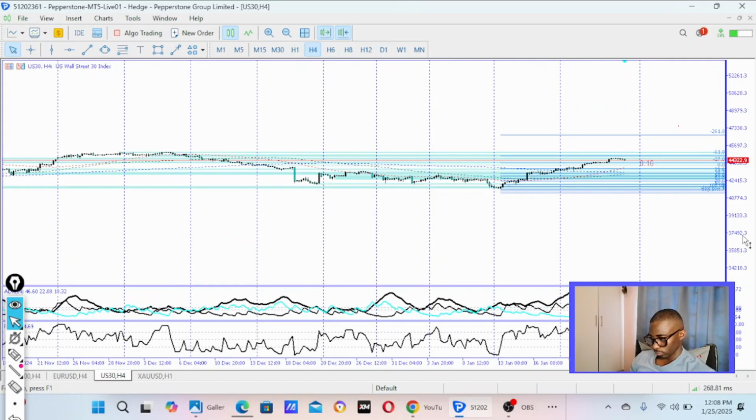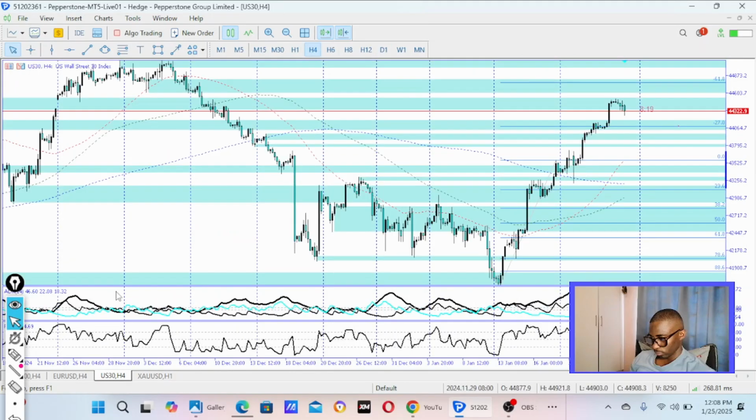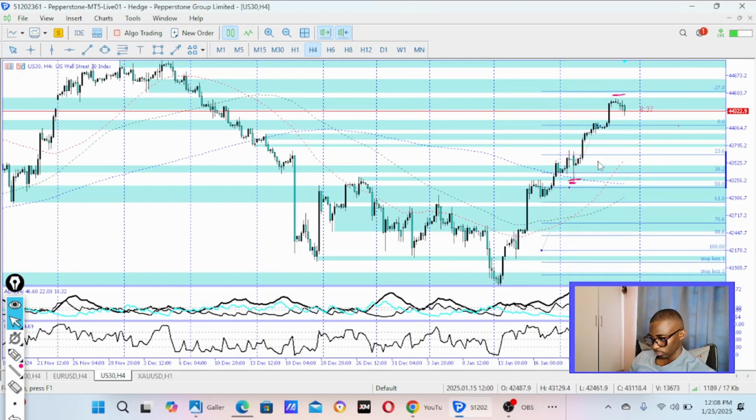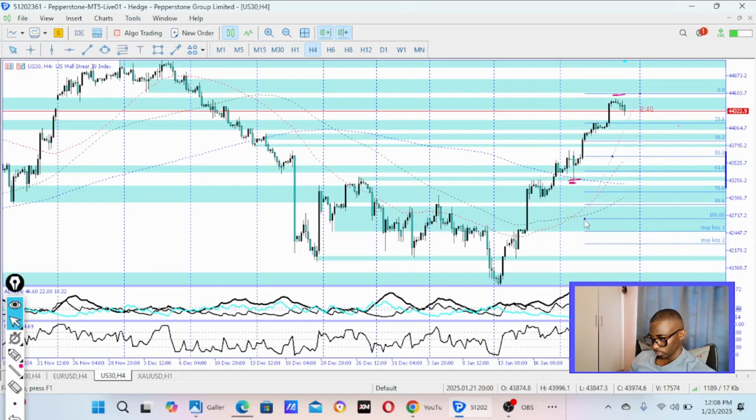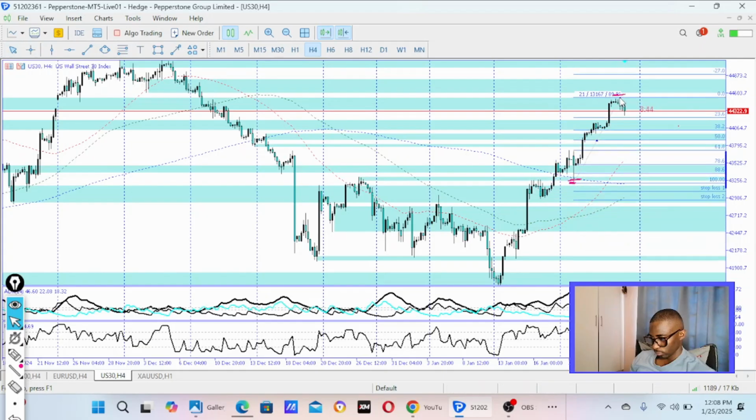Weekly time frame, now that's where it gets interesting. Price closed here at a higher low. Price opened here at a higher low, and closed here at a higher high. So I will be drawing my fib levels from this low point to this high point.